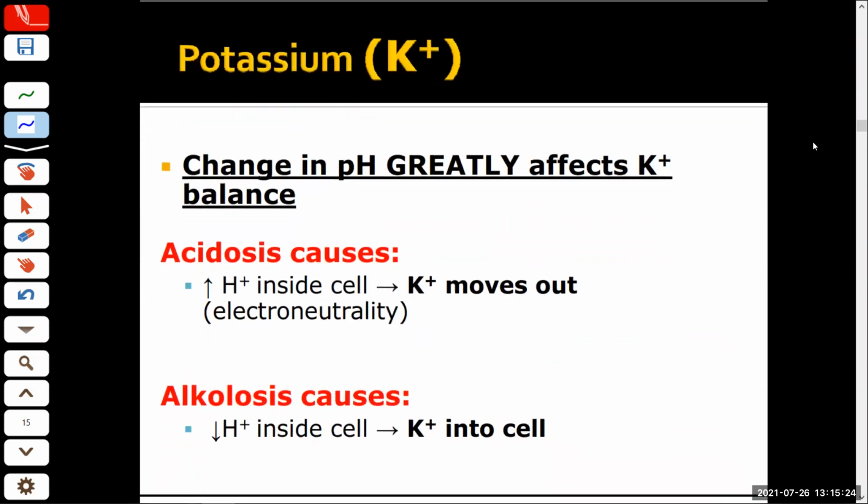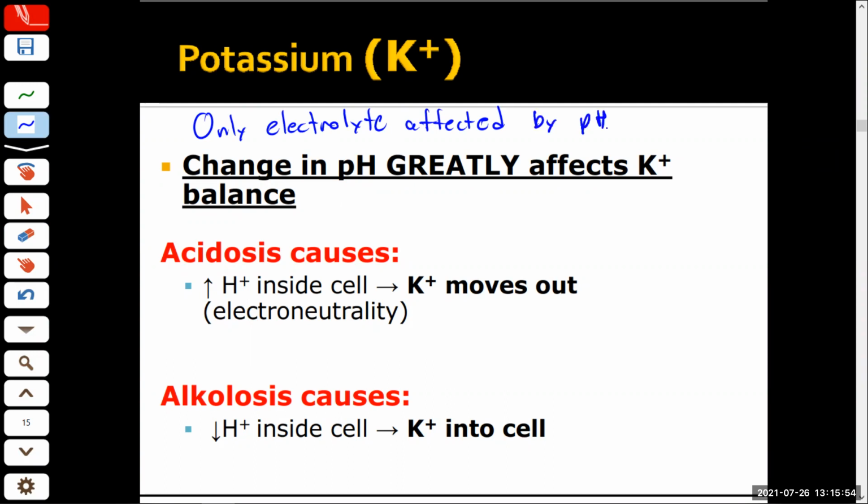All right, so potassium, one more weird thing about potassium. It messes with your resting, and it is the only electrolyte affected by pH. I got lazy, I'm sorry.